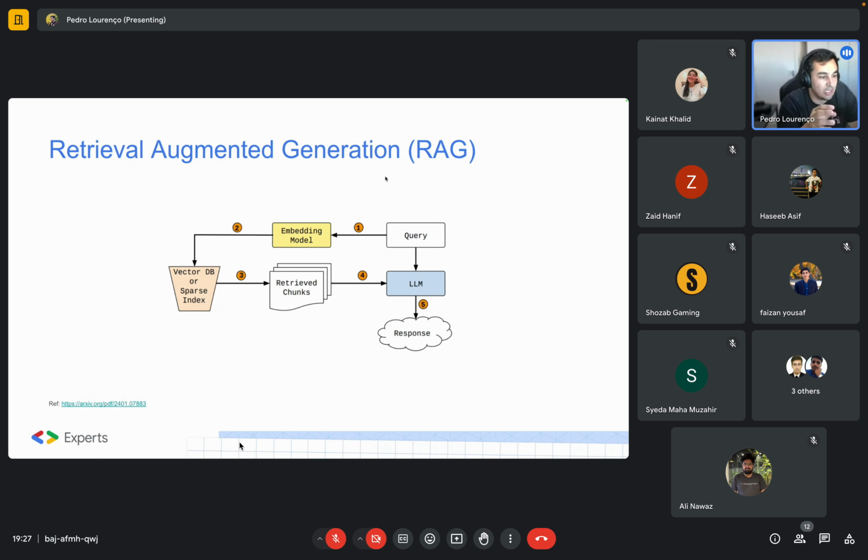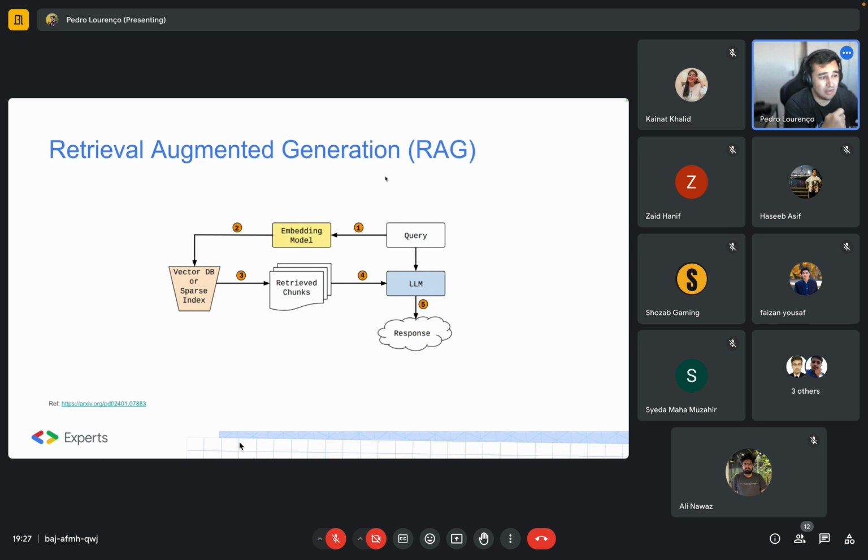So this is where retrieval augmented generation comes in, because you have two options. You can fine tune the model to answer given these documents, but fine tuning is expensive. Sometimes you generate a new document every single day, so it doesn't make sense to fine tune every day. Or you have the choice to go with retrieval augmented generation.